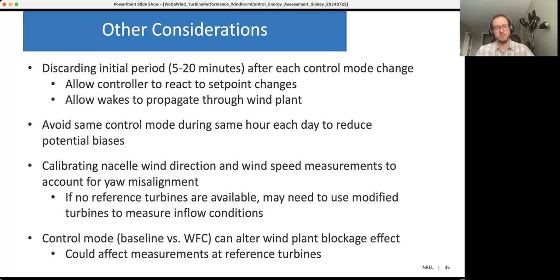So maybe depending on the control mode, we're changing how much power our reference turbines could produce by altering the wind plant blockage. So that could create some additional biases in how we're estimating the change in energy production. But that's really just starting to be explored in the community through simulations.